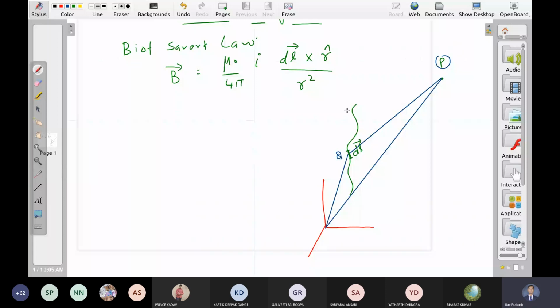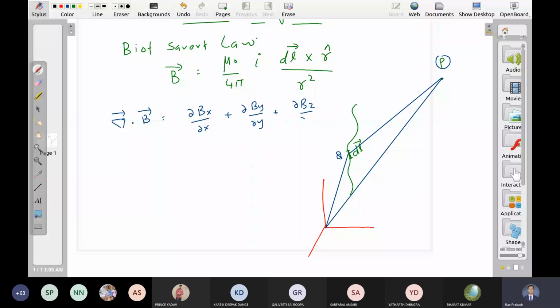Now when I say divergence of B, which is del Bx over del x plus del By over del y plus del Bz over del z, which x y z am I talking about? Displacement of this dl or displacement of this point P?